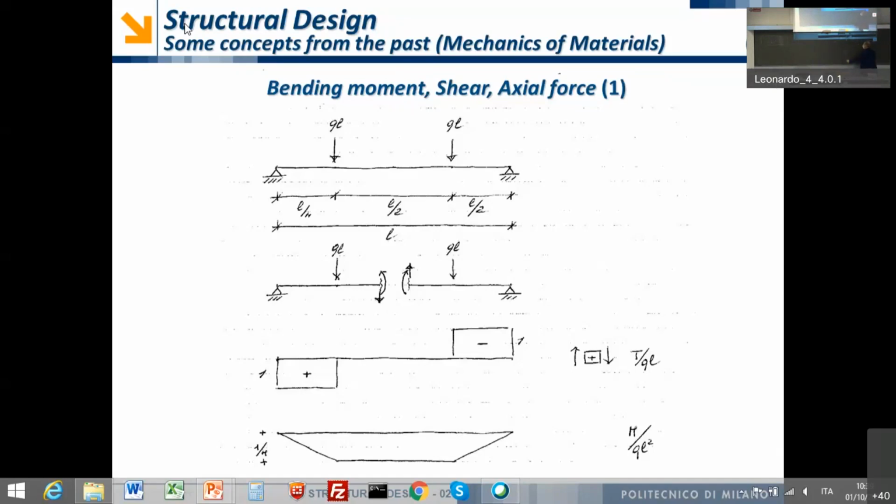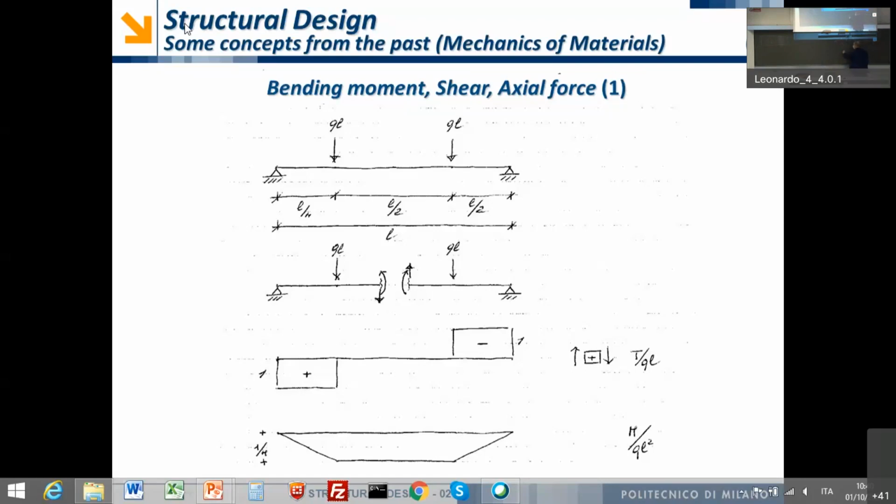It is possible to have vertical forces on it, horizontal forces on it, and afterwards I have shear on the left-hand side and right-hand side, axial forces on the left-hand side and right-hand side, and bending moment on the left-hand side and right-hand side.